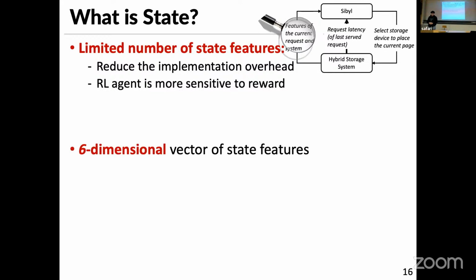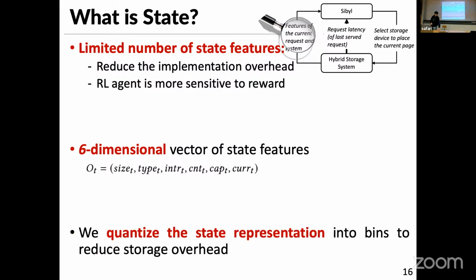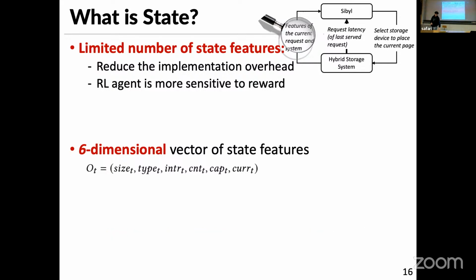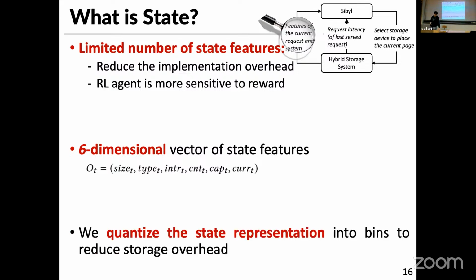The state itself looks like a 6-dimensional vector of state features. In there you have the size of the page request, and the type of the request, is it a read or write request? You have the access interval, that is, when it was accessed the last time, how many times it has been accessed, etc. But it's really just 6, so a quite limited number of state features.